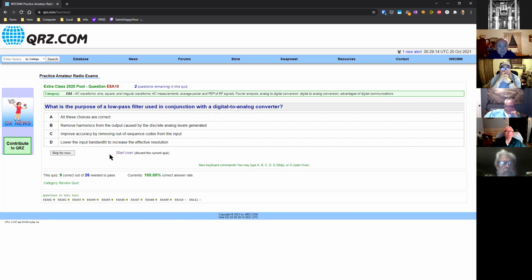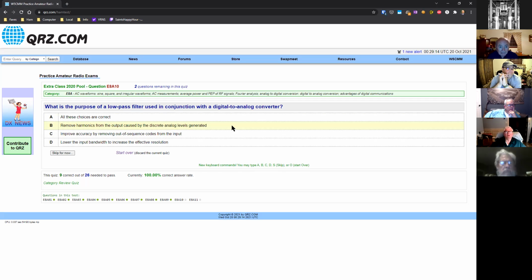What is the purpose of a low-pass filter used in conjunction with a digital to analog converter? B. Yeah, I believe it's going to be this.